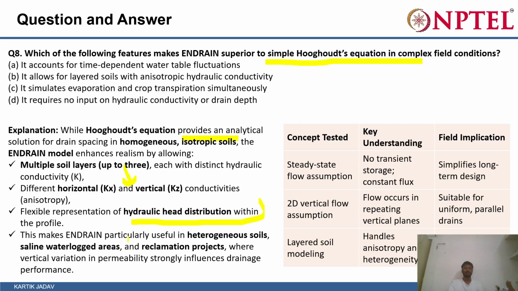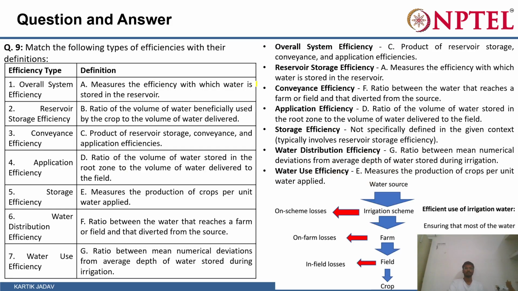This makes it particularly useful in heterogeneous soil, saline waterlogged areas, and reclamation projects. So the correct answer is option B, which allows layered soil with anisotropic hydraulic conductivity.